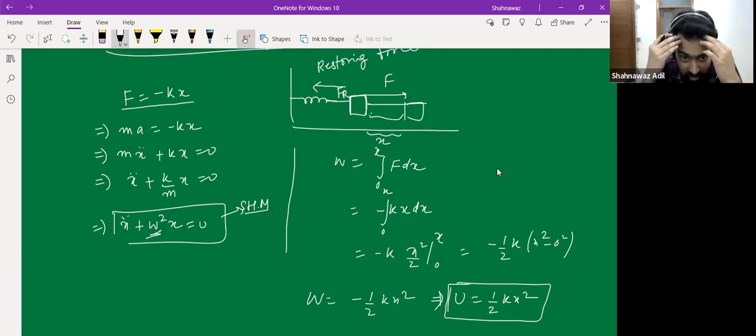I am not doing problems here because I have half an hour left, and I want to complete the elastic and inelastic collision.